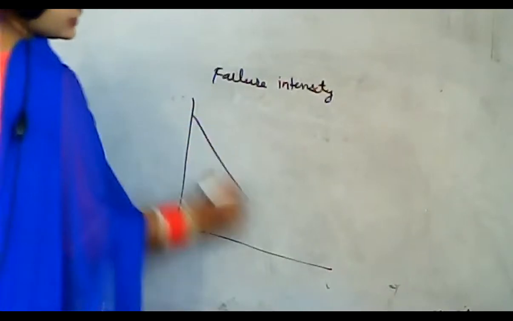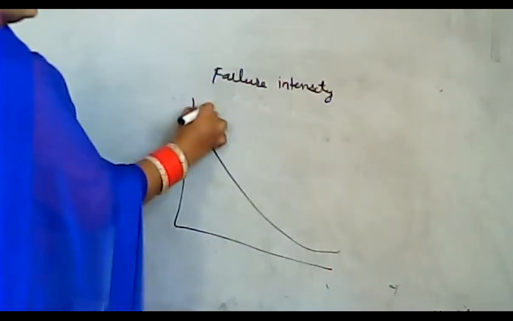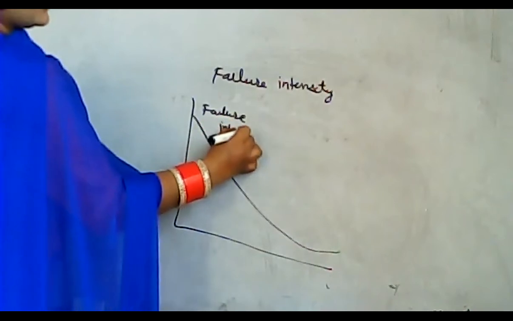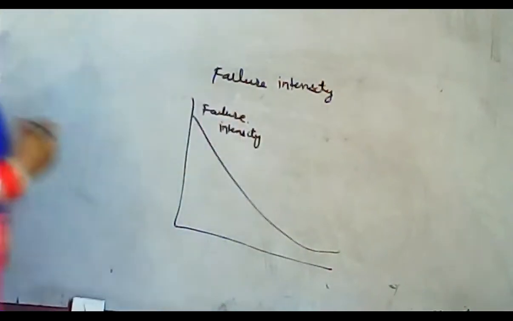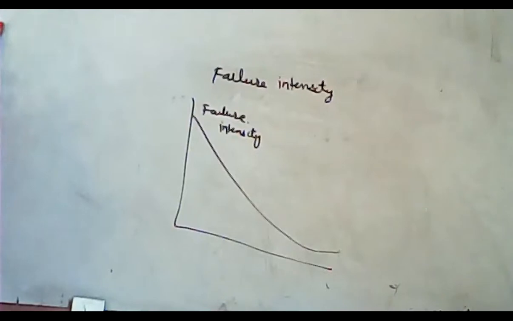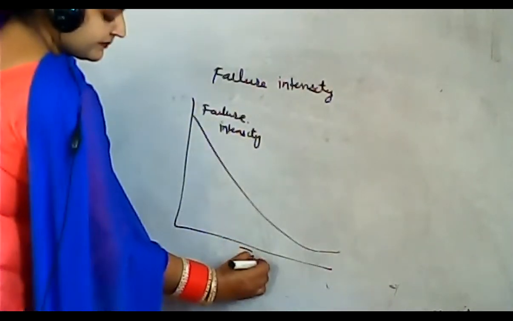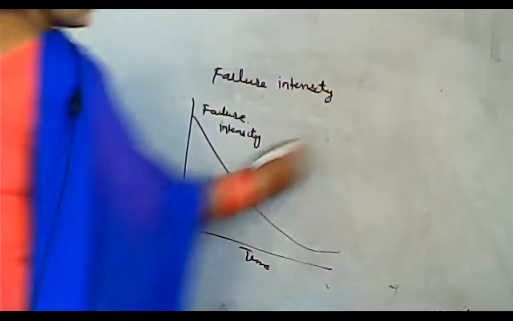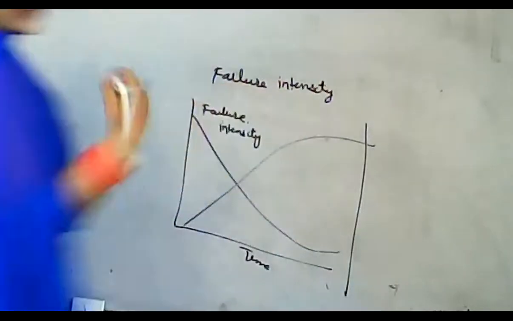Suppose this is the curve for failure intensity in a software with respect to time. The reliability we can define on the other hand side.